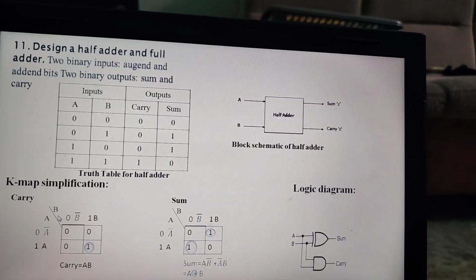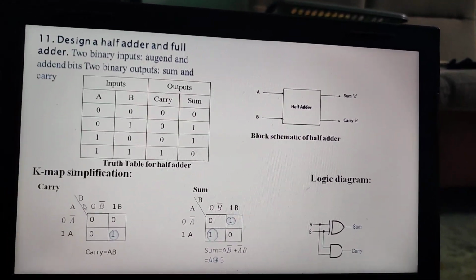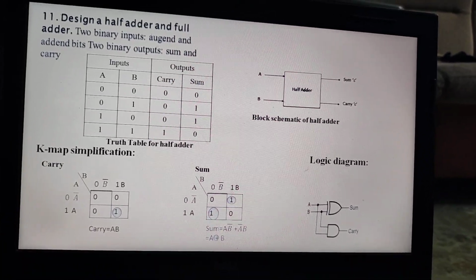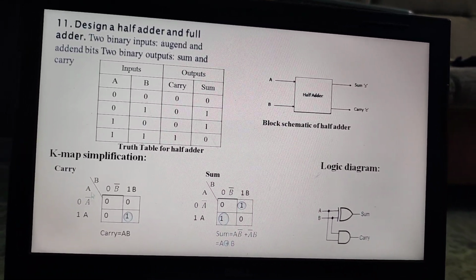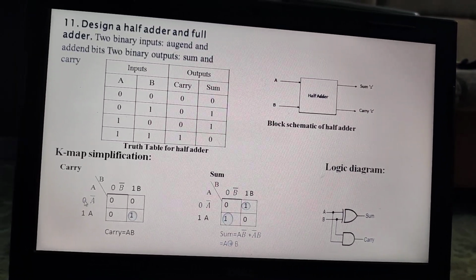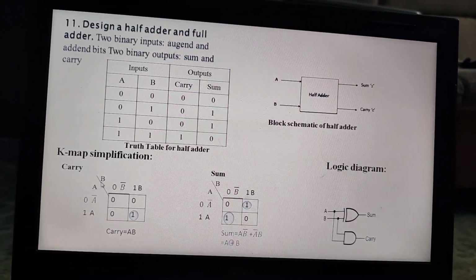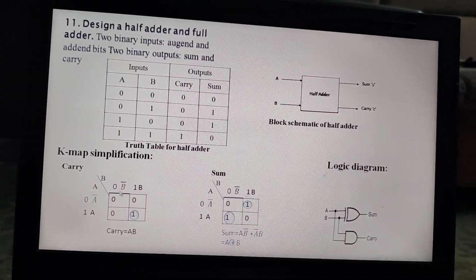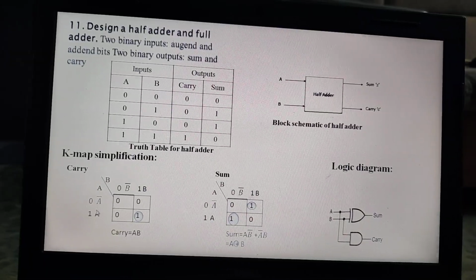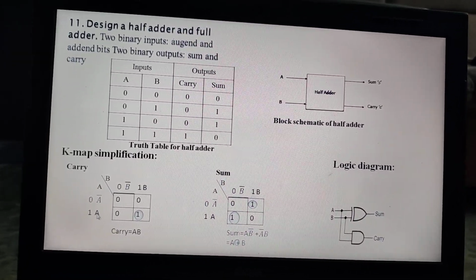How does this K-map simplification work? In the K-map, you might have seen that A is given with the input values 0 and 1, and B 0 and 1. If it is 0, then A complement will be specified. If it is 1, A will be specified.